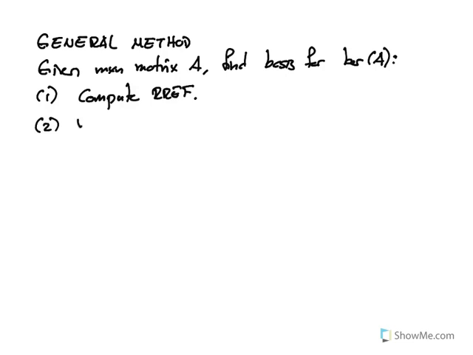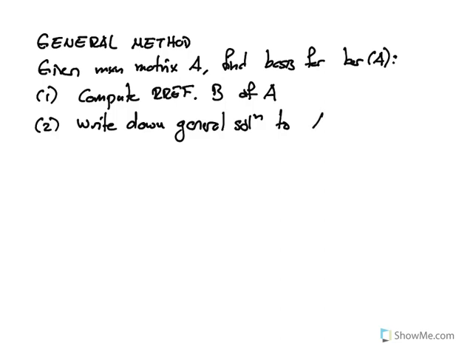And then write down the general solution. So AX equal to 0 is equivalent to BX equal to 0. Since B is in RREF form, you can explicitly write it down.